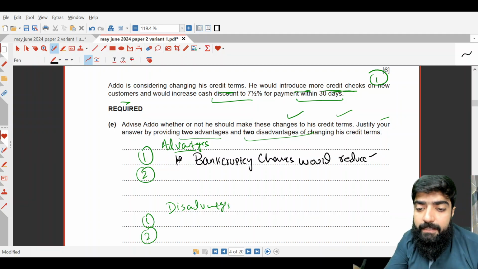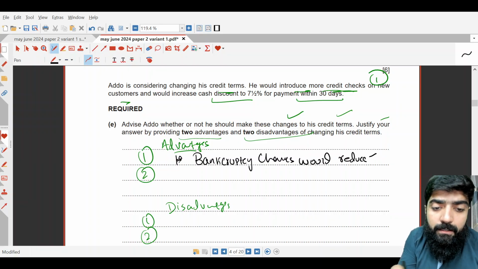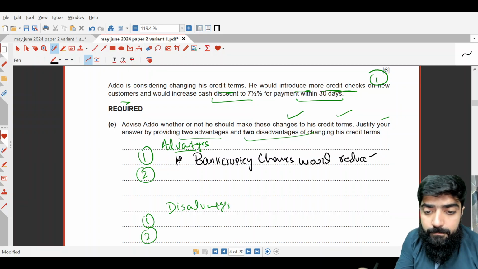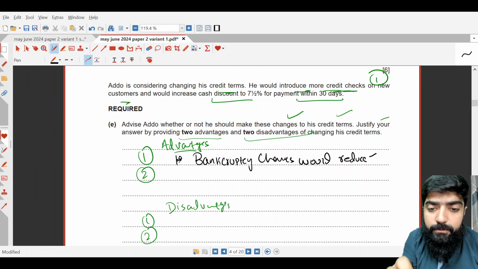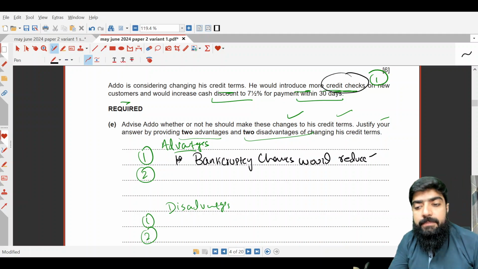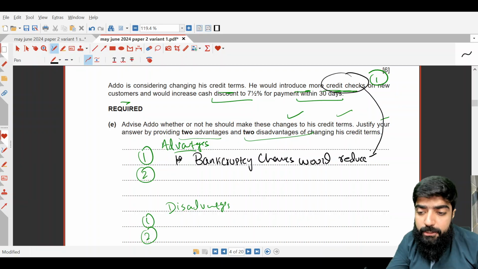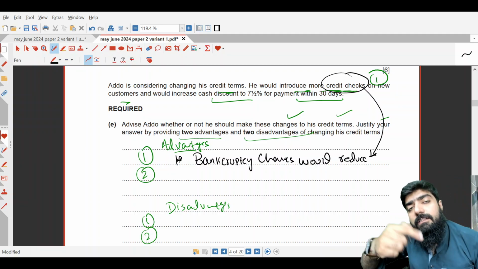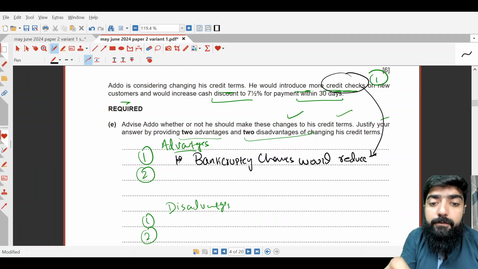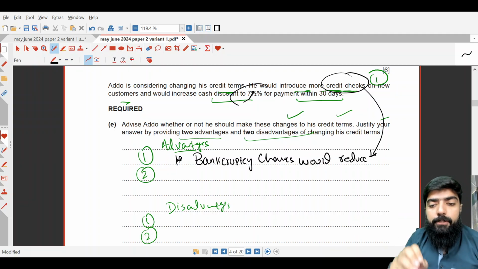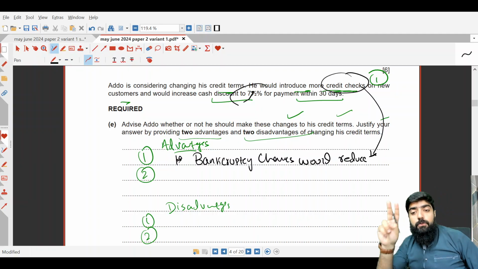This advantage is related to the credit check. Sir, many people would be paying earlier so that they could receive the cash discount. Now let's have another advantage related to the discount side. We need to consider both because there are two changes.